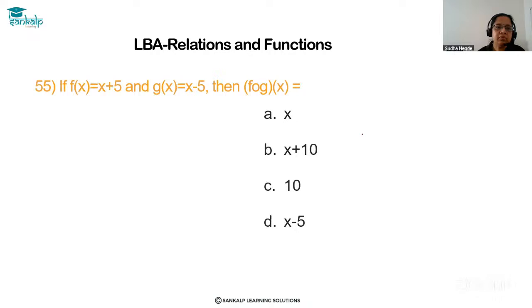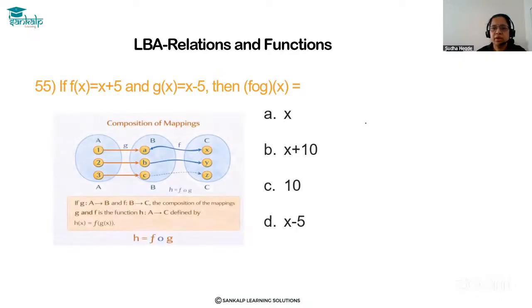Hi everyone. The question is, if f of x is equal to x plus 5, g of x is equal to x minus 5, then you need to find f composition g of x. Okay.